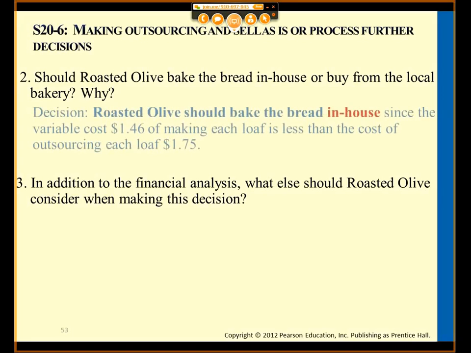That's right. So they should bake it in-house because variable cost is $1.46 for each loaf, and it's less than outsourcing, which is $1.75. So third question, in addition to the financial analysis, what else should roasted olive consider when making this decision? What else do you think?